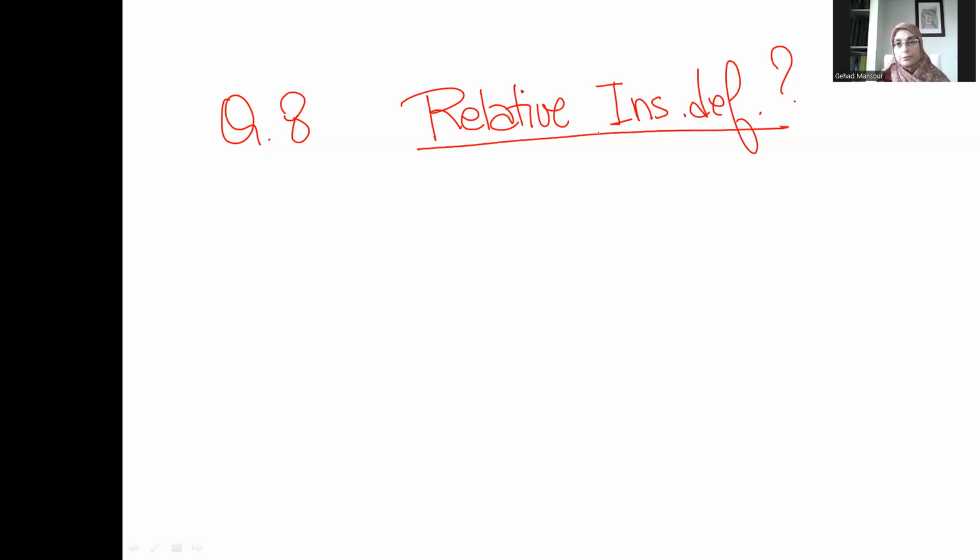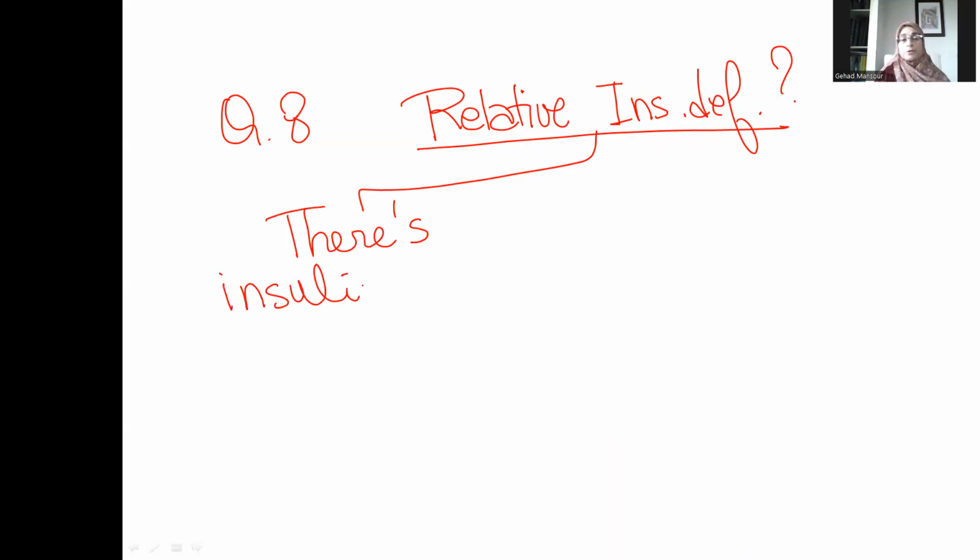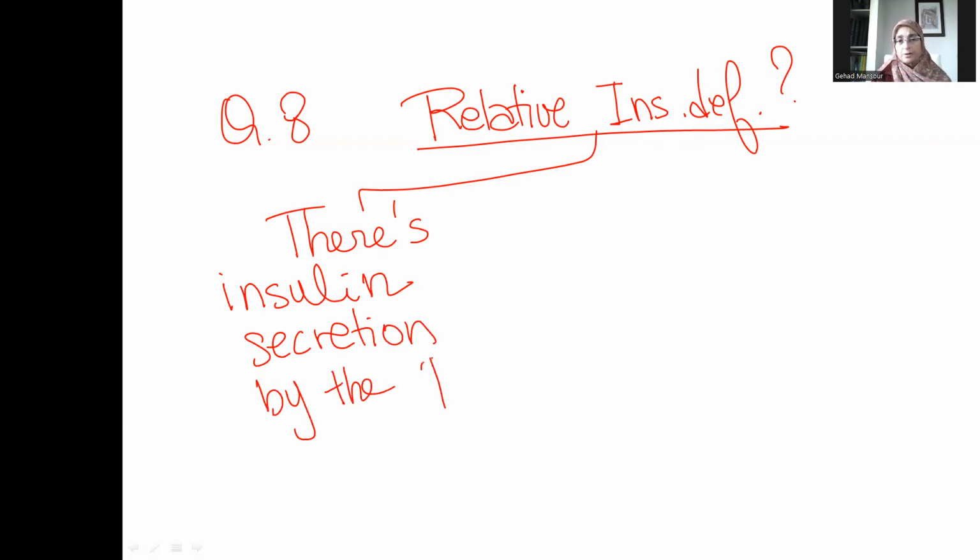Relative insulin deficiency means that there is insulin secretion by the pancreas, but if the secretion is adequate, then we will not say that there is insulin deficiency.